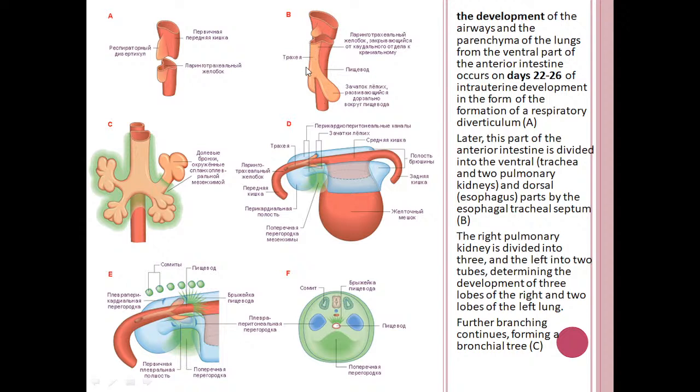In the ventral tissue we see the trachea, and in the dorsal we see the esophagus, separated by parts of the esophageal tracheal septum. Once again, picture B.